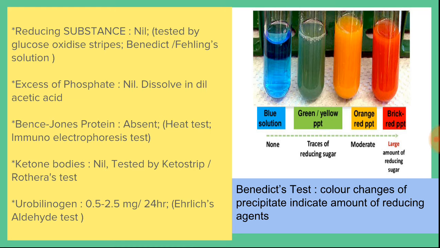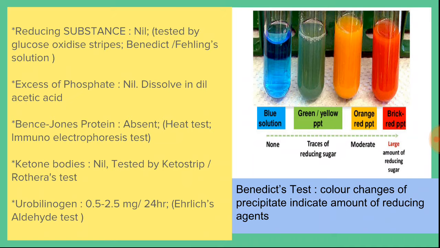Reducing substance is detected by glucose oxidase strips, Benedict's solution or Fehling's solution. Excess of phosphate, generally absent, dissolves in dilute acetic acid. This is also a very good test. Bence Jones protein, generally absent. This is detected by the heat test and immunoelectrophoresis test.